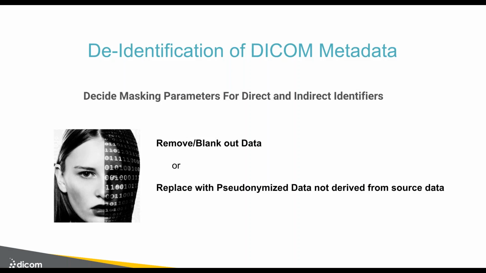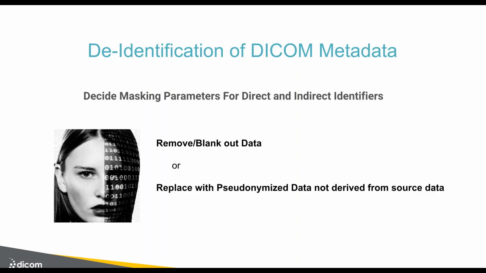So when you begin designing your project, your de-identification framework, there are some things you want to take into consideration. There's a little bit of planning. There's a lot of planning, I should say. The first thing: you can approach the direct or indirect identifiers in DICOM metadata a couple of ways.